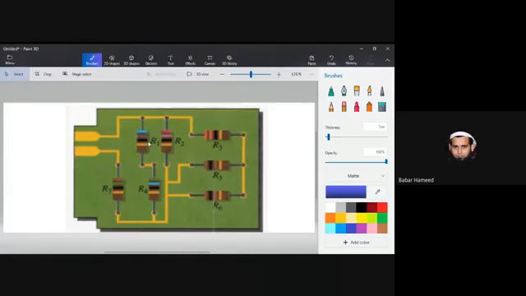Now we have to determine the relationship between the resistances that are being shown in this printed circuit board.